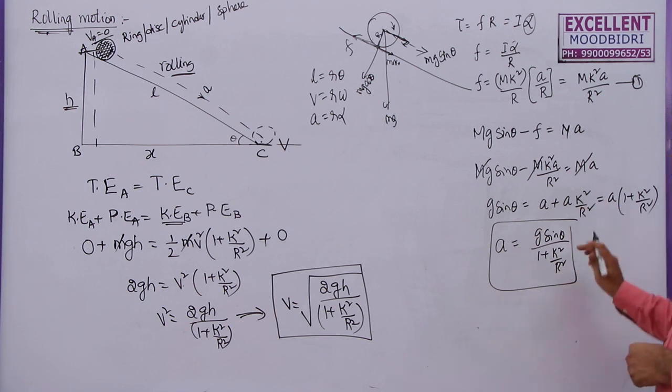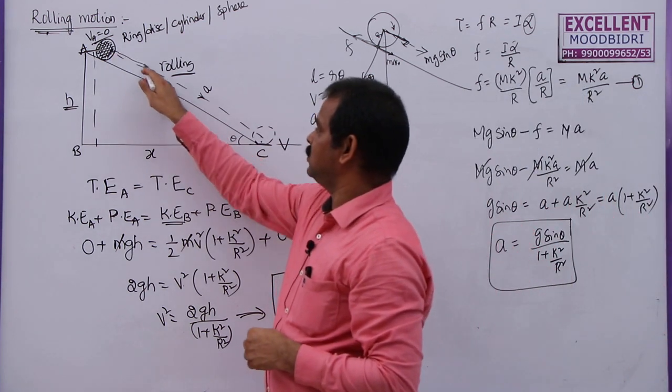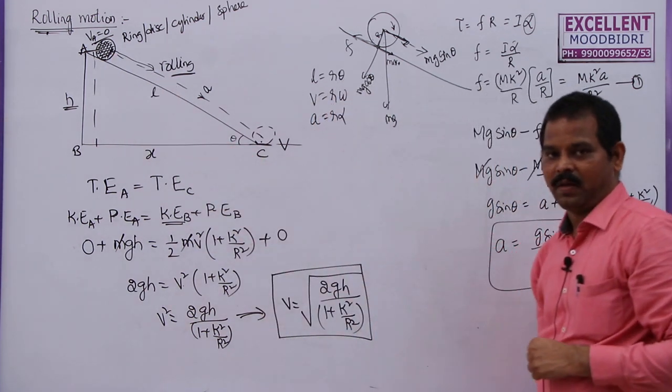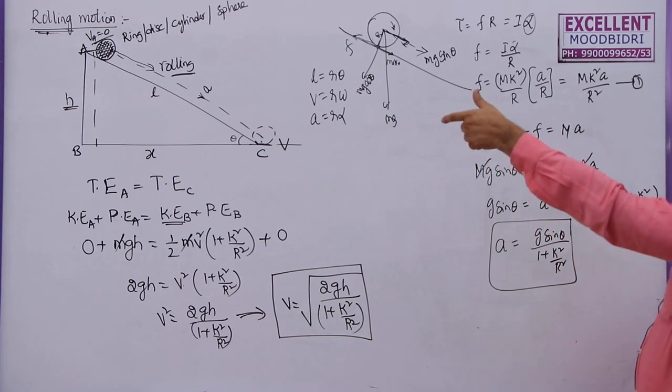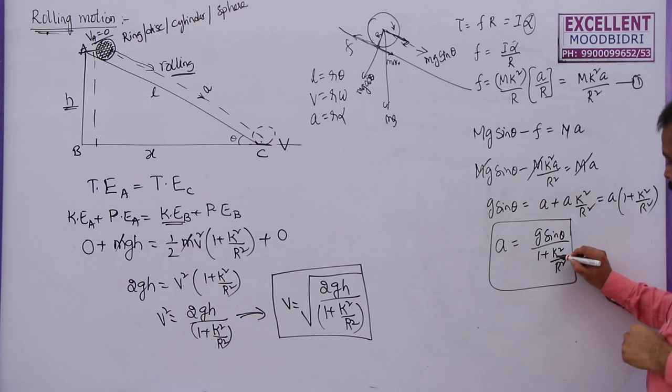Remember students, in sliding, while discussing friction, we derived an expression. The acceleration of this body was g sin theta. But here, it is not only sliding, it is rotating about its own axis. That's why the radius of gyration will come into the picture.